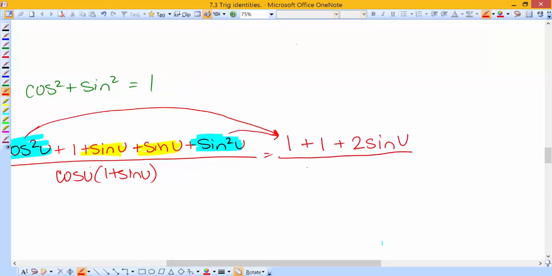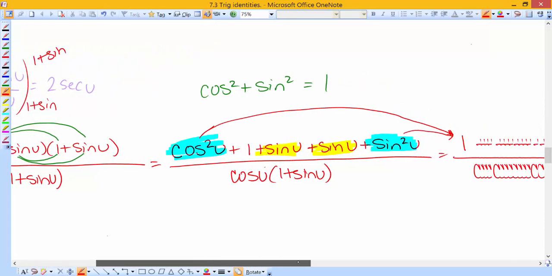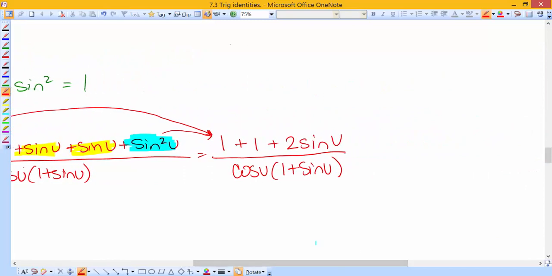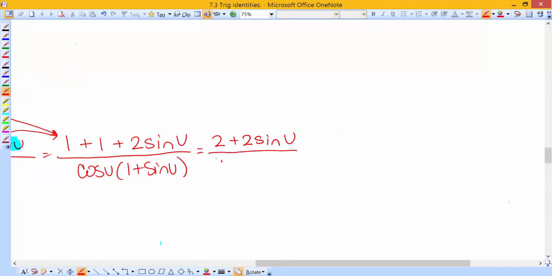My denominator, cosine of u times 1 plus sine of u. Okay, now what am I trying to end with? I'm trying to end with 2 secant. So let's see here. I now have 1 plus 1 is 2, plus 2 sine of u over cosine of u times 1 plus sine of u.